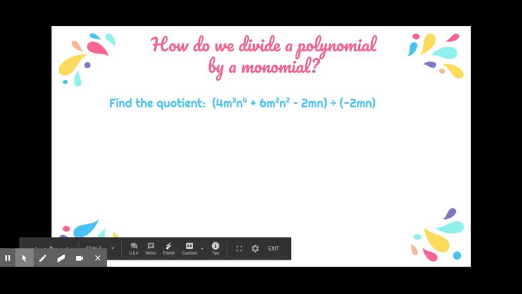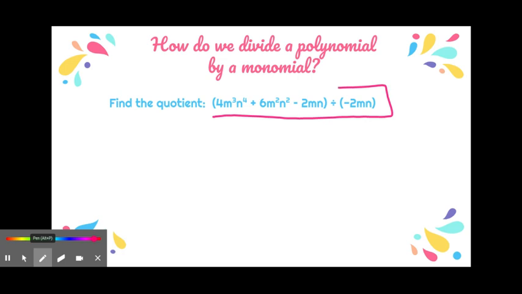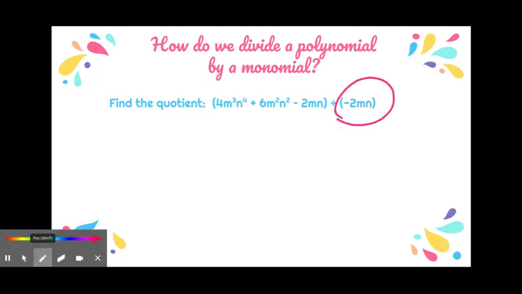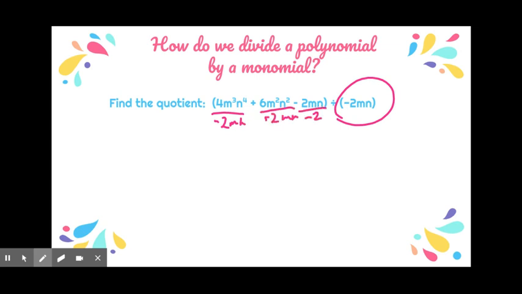Now for the next one, we have a different type of quotient. We have a linear, like it's on a line. So what I like to do anytime it's written like that is I like to just divide it, show it like I would the fraction, but I'm going to just write each term divided by negative 2mn. So we're going to divide this by negative 2mn, this by negative 2mn, and this by negative 2mn.